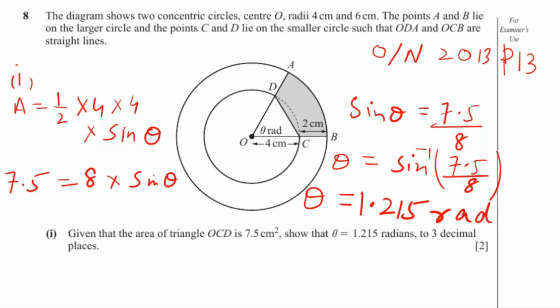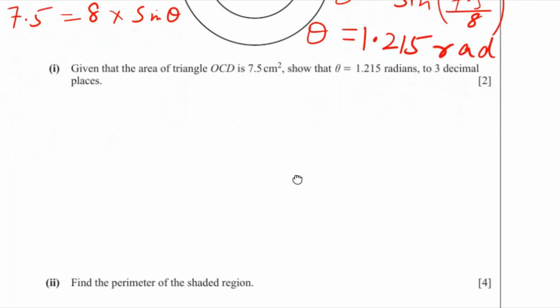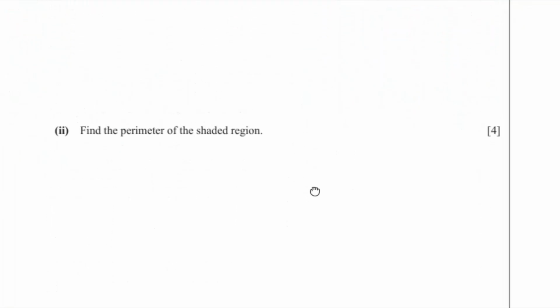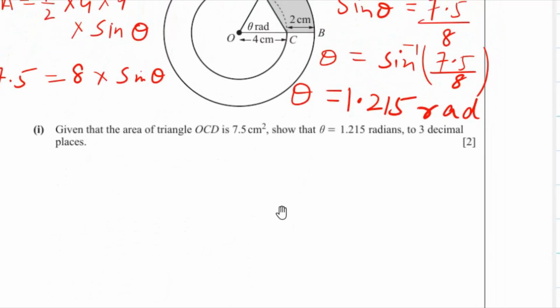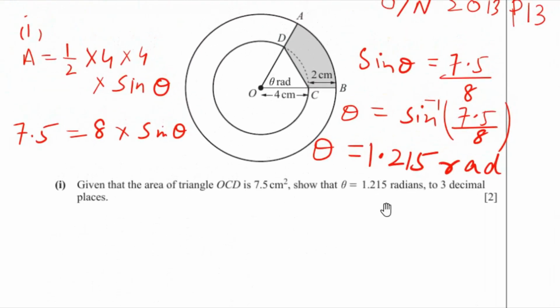Now look at the next part of the question. Find the perimeter of the shaded region. In order to find the perimeter of the shaded region, you have to add all those lines which touch the shaded region.